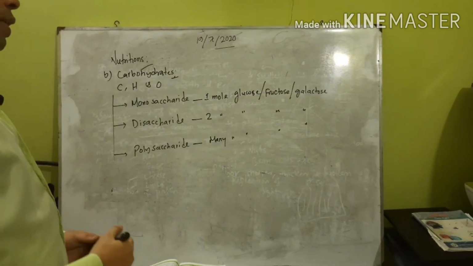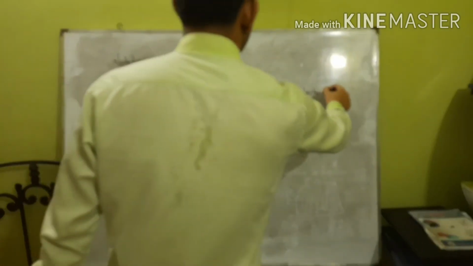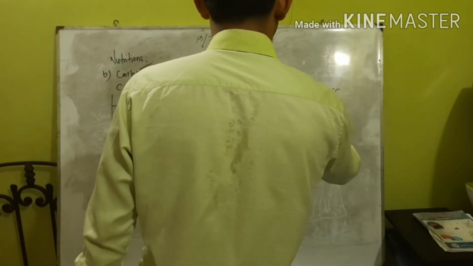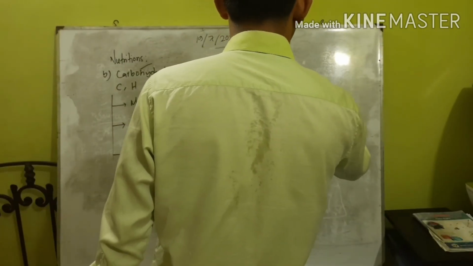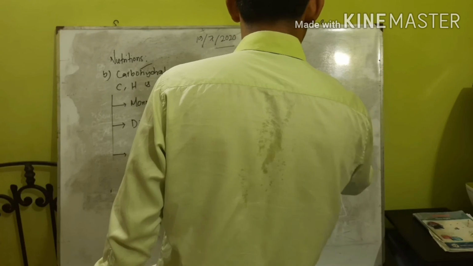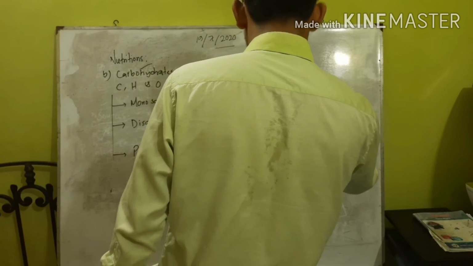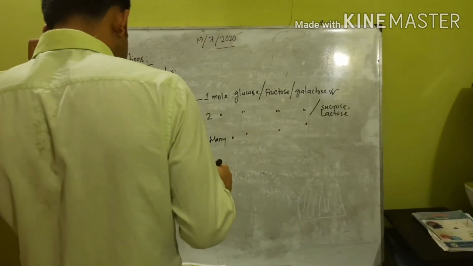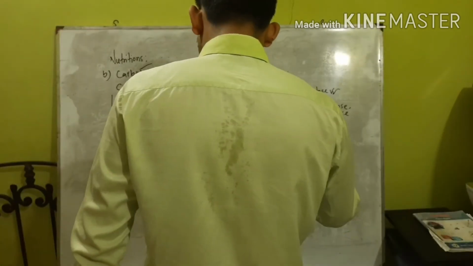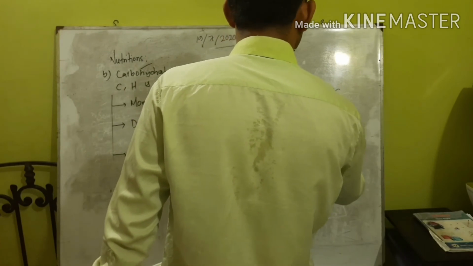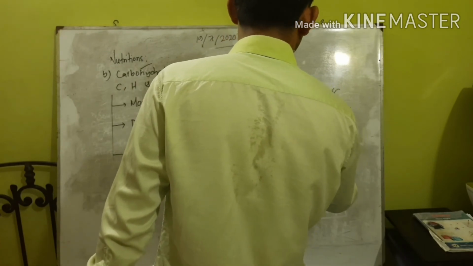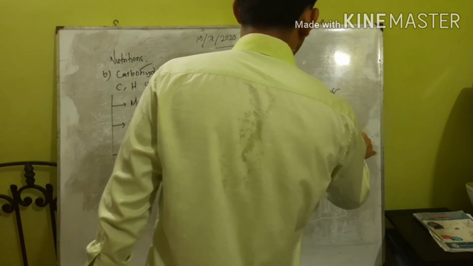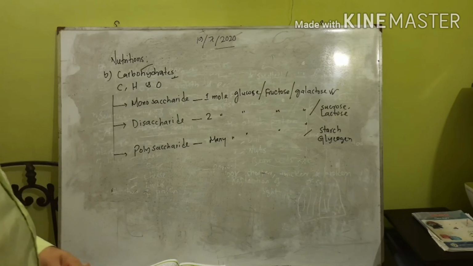Examples for disaccharide you can write sucrose, lactose, and for polysaccharide starch, glycogen. What is given in your book is somewhat wrong, but the carbohydrate is written there: starch, glycogen.